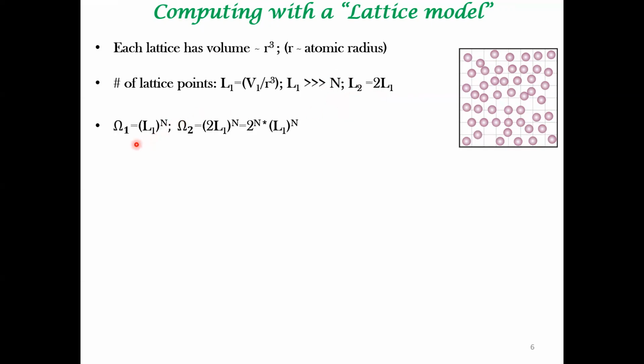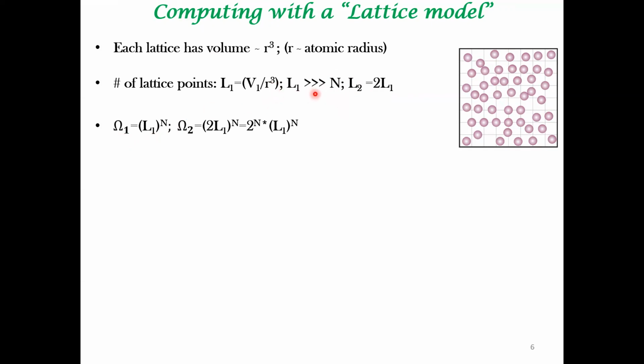I said omega is the number of ways you can distribute the gas molecules. I take the first atom. How many ways do I have of distributing the gas atom? I have L1 ways, right? There are L1 slots available. Then I take the second atom.